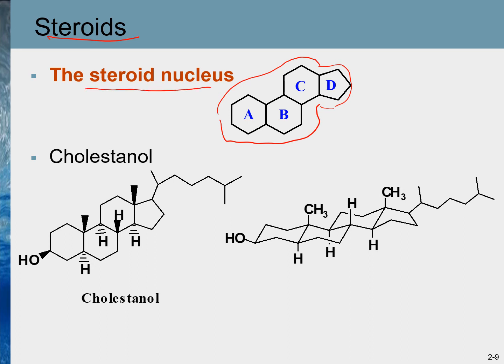This kind of steroid nucleus is present in both animal as well as plant steroids. Steroids are present in human metabolism as cholesterol, steroid hormones, and bile acids. The structure of cholesterol is shown here, and as we can see, many cis-trans stereoisomers are possible in these systems.